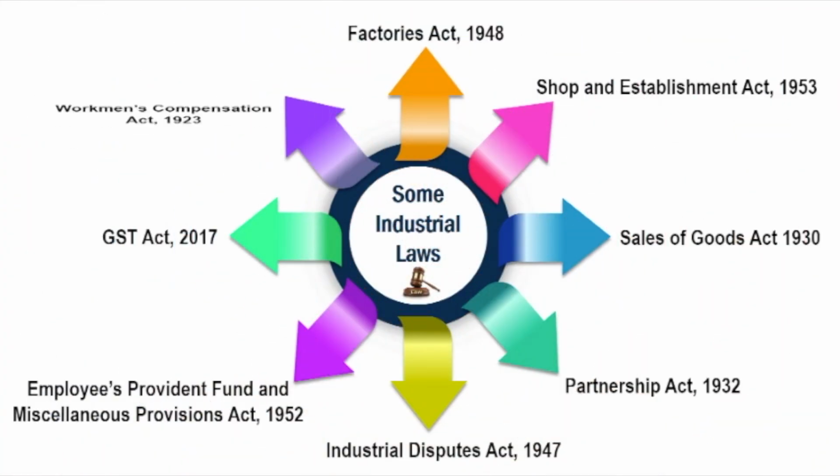So, these 7 laws we shall be discussing in 4 different videos, but we have of course many other laws, like for example, the Workmen's Compensation Act 1923. These were enacted a long time back, but they keep on improving and updating these laws.